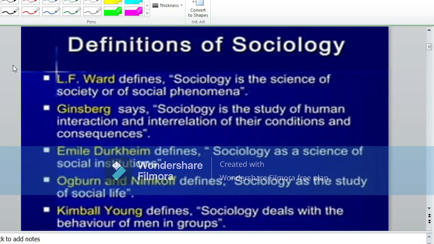There are a few definitions concerning your subject. L.F. Ward defines sociology as the science of society, of social phenomena. Ginsberg says that sociology is the study of human interaction and interrelation, their conditions and consequences. Emile Durkheim says that sociology is the science of social institutions and social facts.